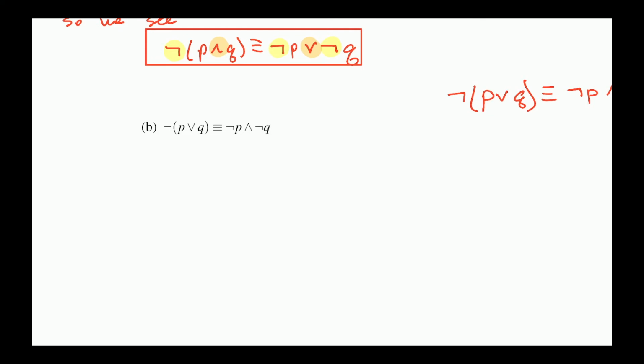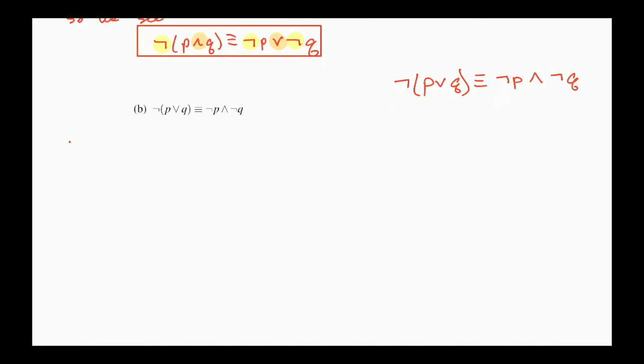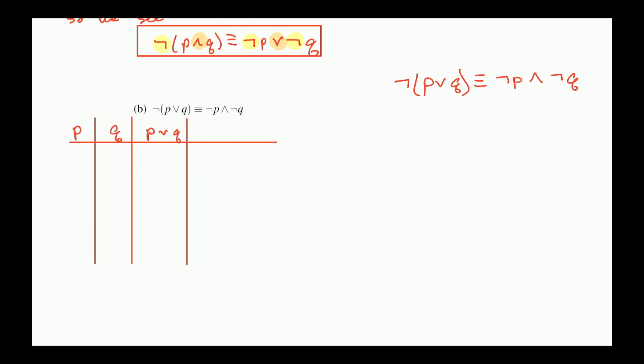Okay, so let's do the truth table and see how it goes. P, Q, what are we going to need? We're going to need P or Q, and then we're going to need not (P or Q).